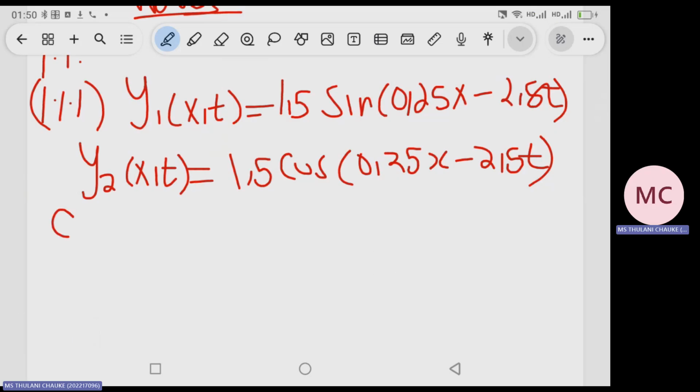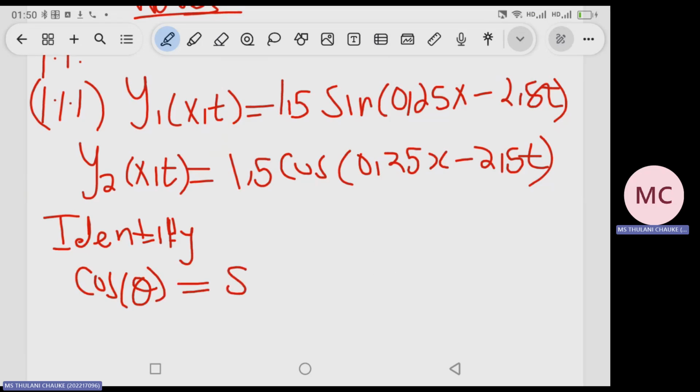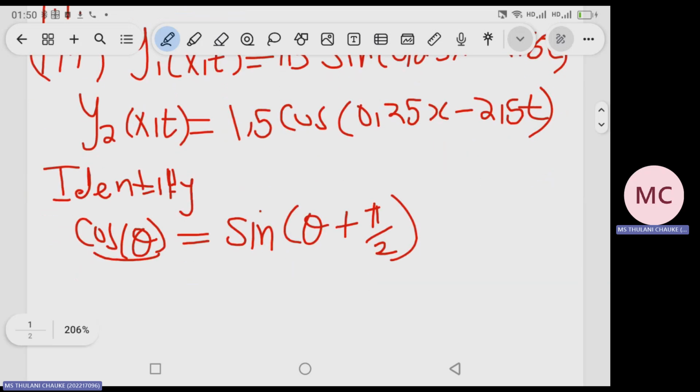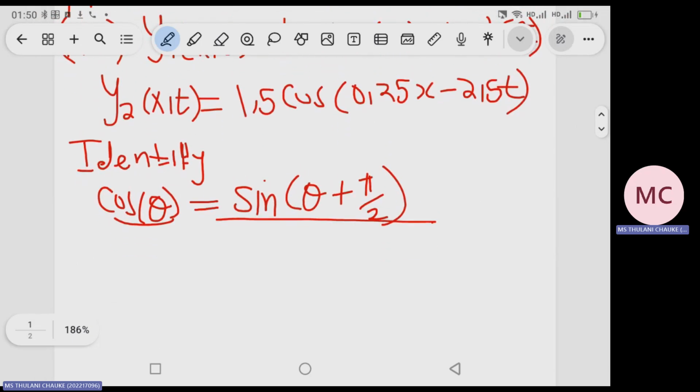So you'll just use this identity that says that the cosine of an angle is the sine of the angle plus pi over 2. So cosine of an angle is equal to the sine of the same angle plus pi over 2.